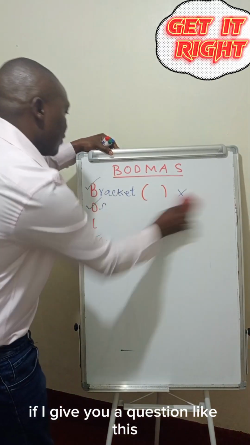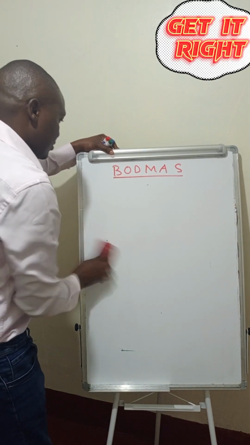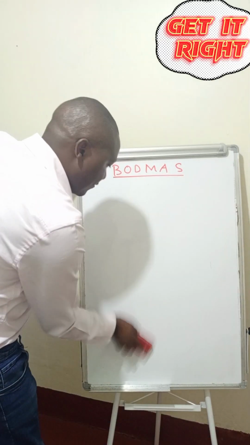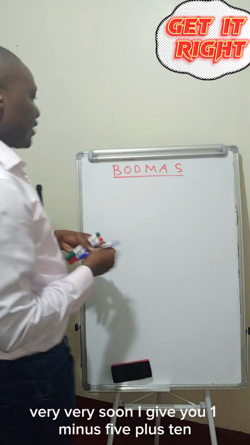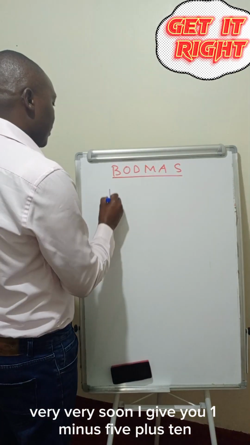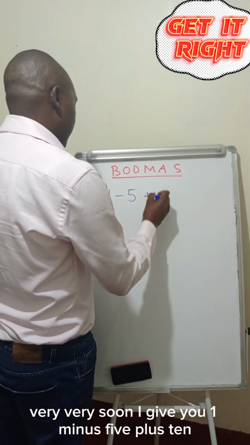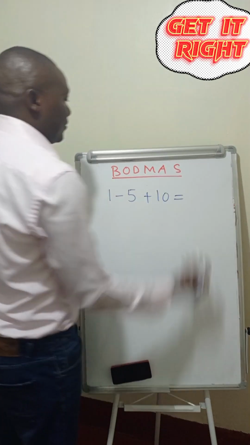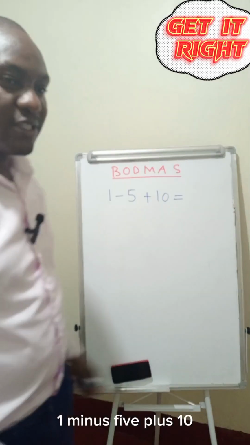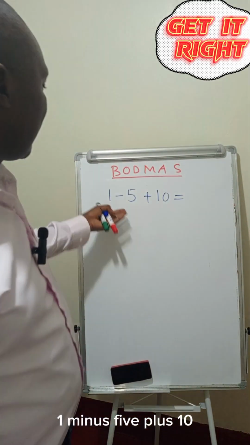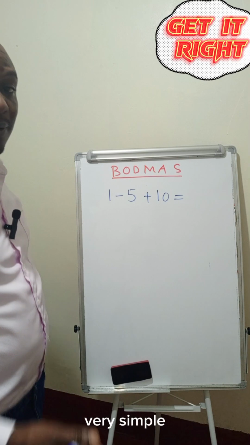If I give you a question like this, very, very simple. I give you 1 minus 5 plus 10. Very simple.